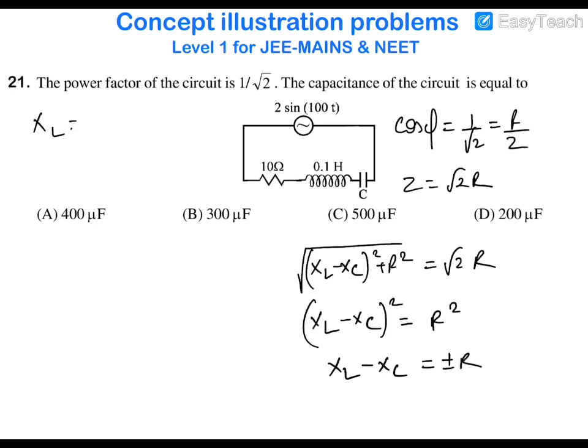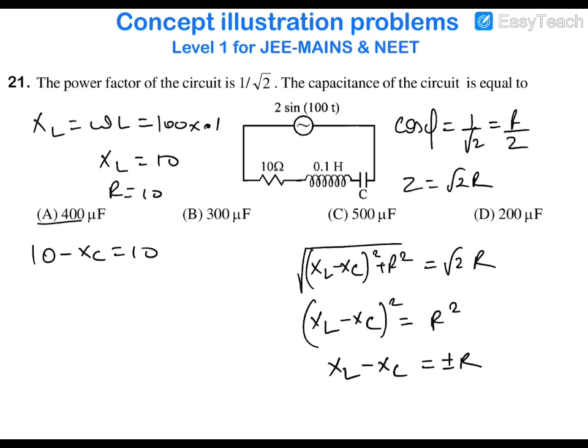Now XL is omega L, and omega is 100 and L is 0.1. So XL is equal to 10, and R is also equal to 10. So if we write 10 minus XC is equal to 10, then XC will become 0, but there is no option which is matching with this.